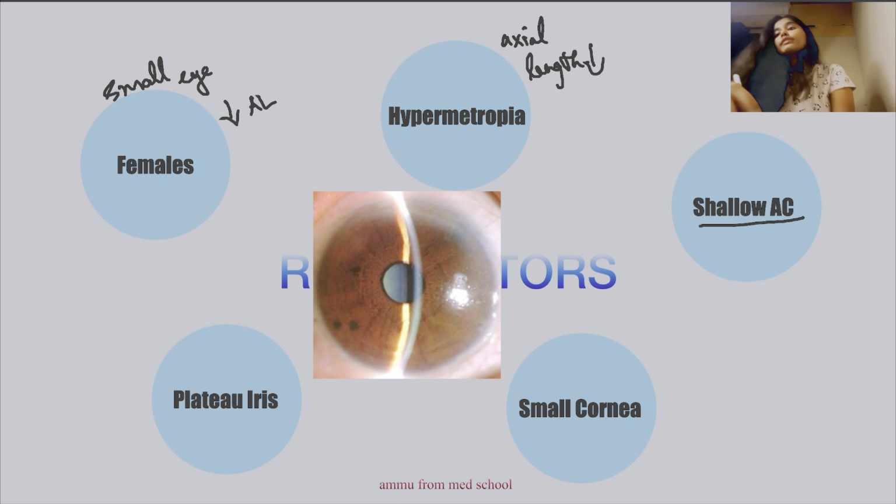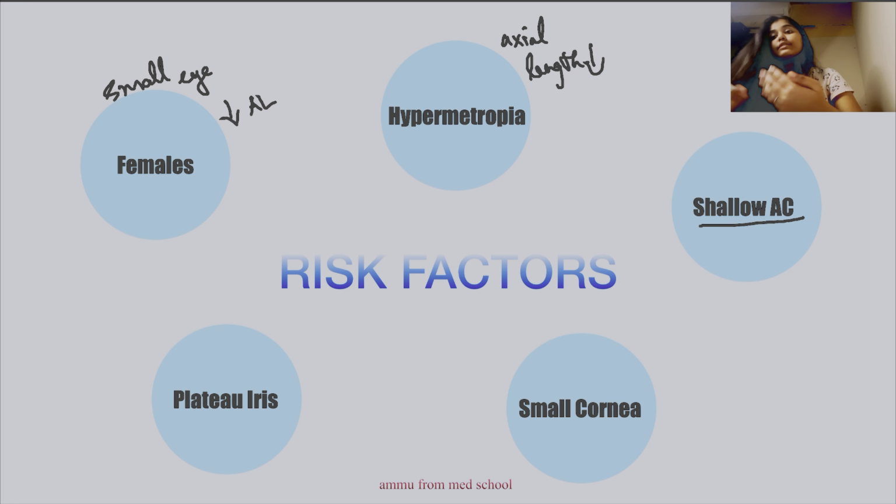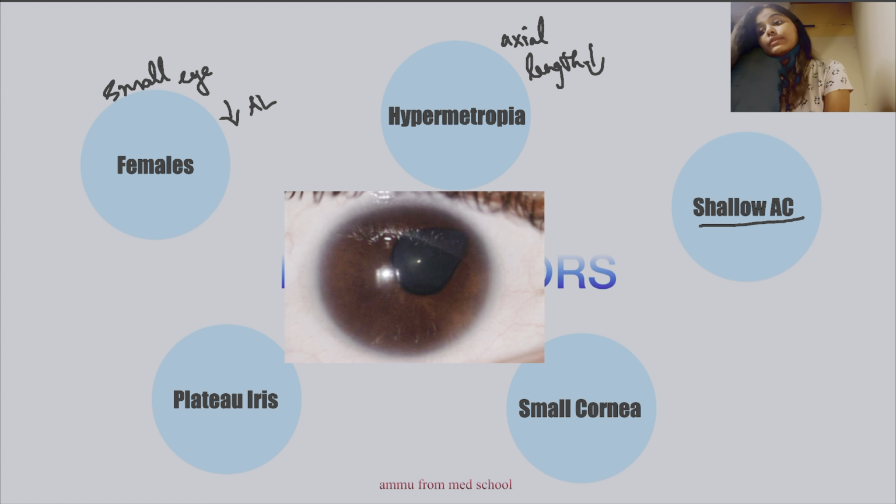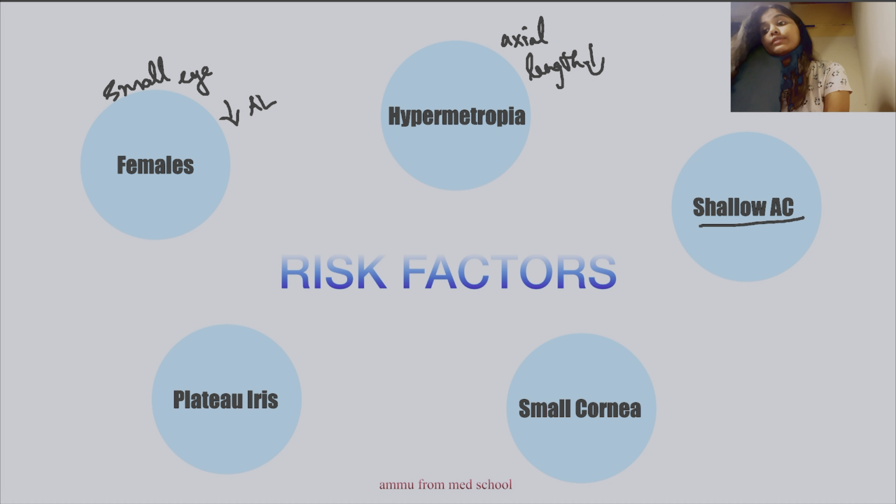What happens when the axial length of your eye reduces? You get a shallow anterior chamber and a small cornea. How is a small cornea a predisposing factor? Because the smaller the cornea, the smaller the radius. But what happens to the curvature? The curvature is very high. So the smaller the cornea, the more the curvature, the more the risk factor.